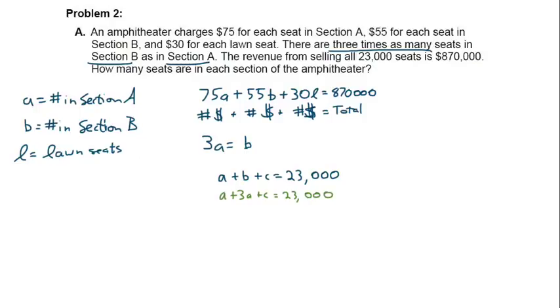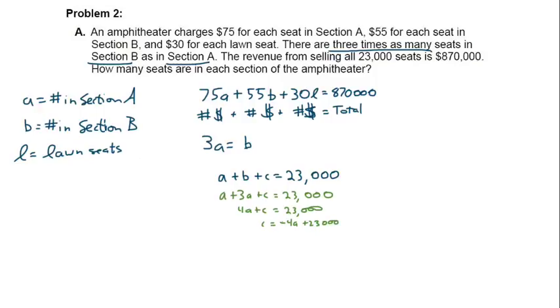Okay? All right, and now that makes 4A plus C equals 23,000. Now watch this. If I solve for C, I move the 4A over, so C equals negative 4A plus 23,000.